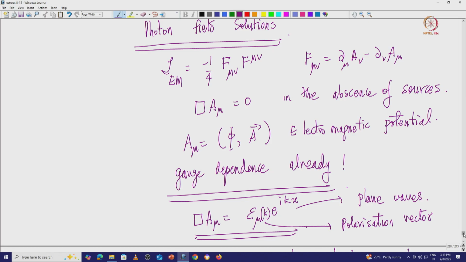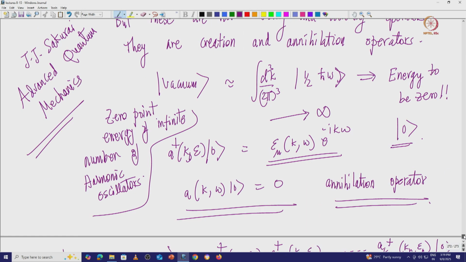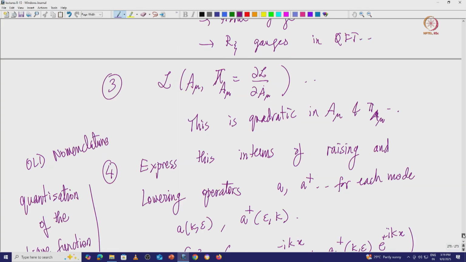But independent of that, we can always say that the solutions can be written in this particular fashion. You can start with A mu equal to epsilon mu k e power i k x, and then write down the solutions for this, and then you can use the procedure of canonical quantization. What I wrote down, these steps 1, 2, 3, 4, are the steps for canonical quantization.